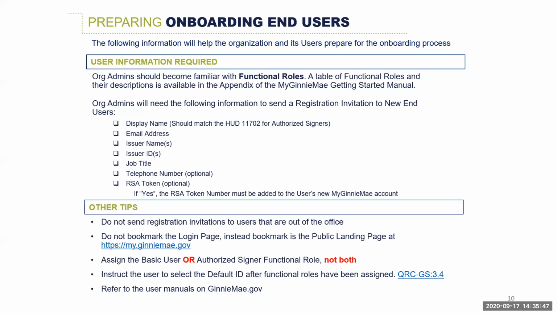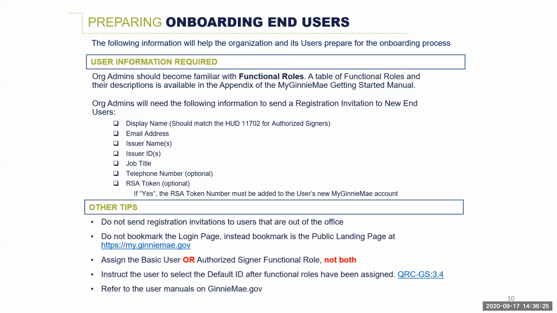The other thing that you need to note is when you are sending registration invitations, especially to token holders, the username must match the 11702. So if you are dealing with an authorized signer on the 11702 or someone who holds an RSA token, you must make sure that the name that they are set up under in the MyGinnieMae portal matches the name as listed on the HUD 11702.